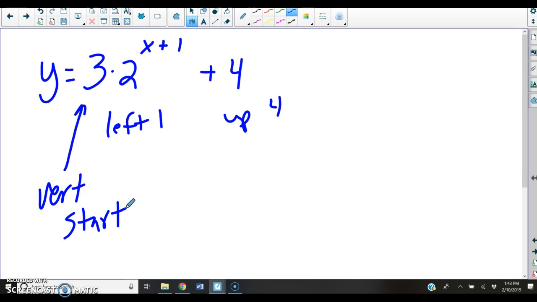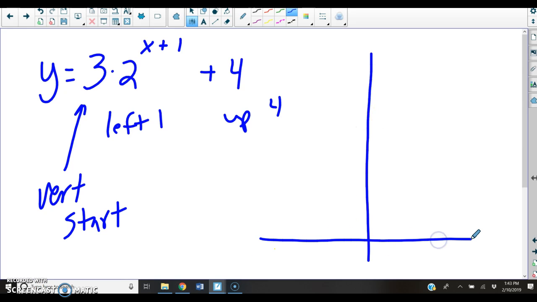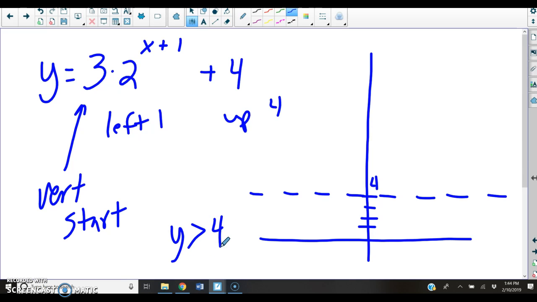Okay, my base is 2. So I know I'm not going to get below 4. So here's my 4. So I know that this is going to be my bottom. My range y is going to be greater than 4. Okay, it moves it left 1. So normally I would start at -1, 1.